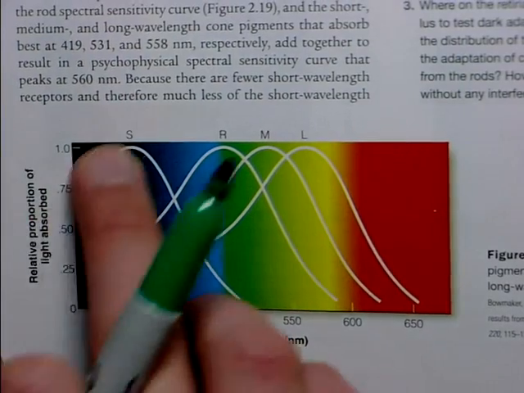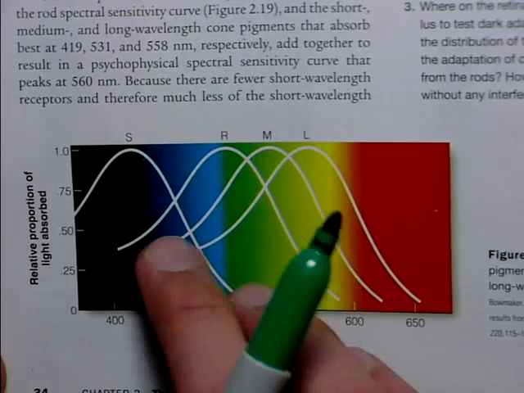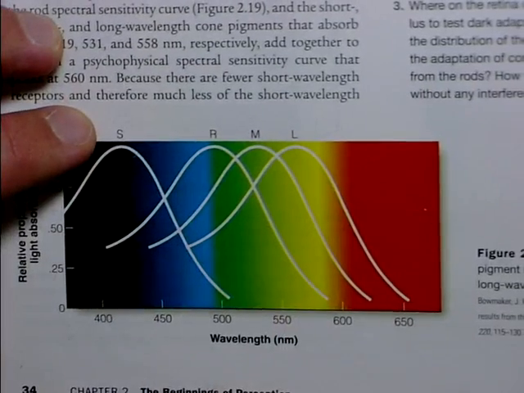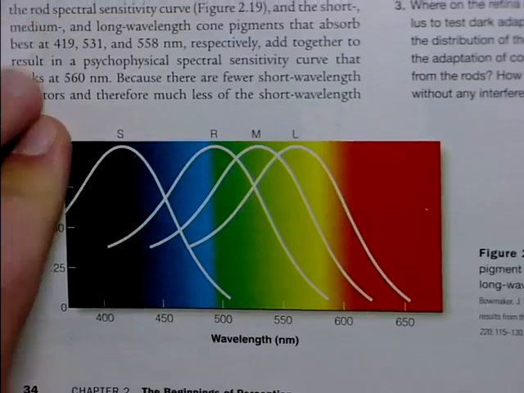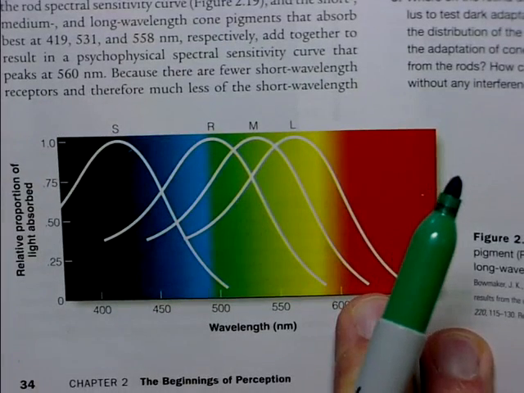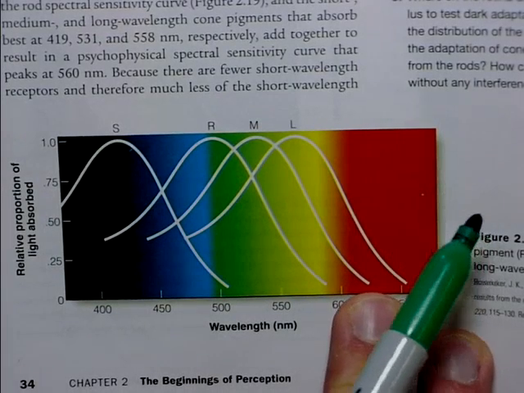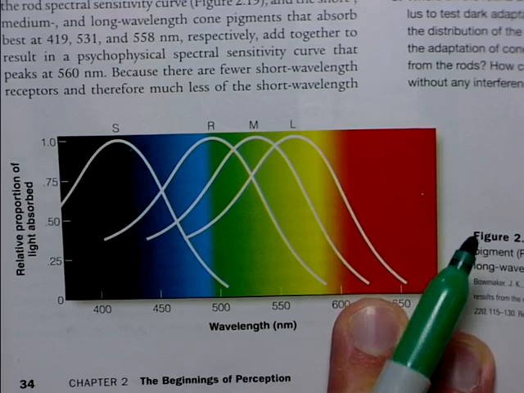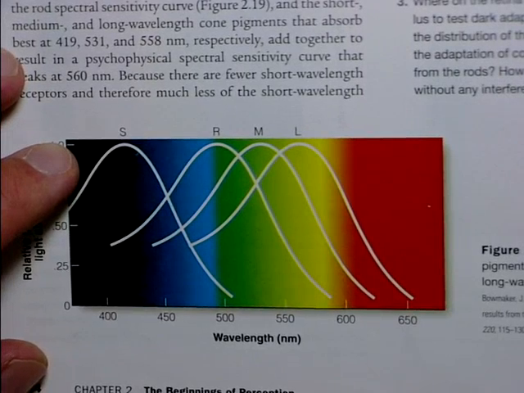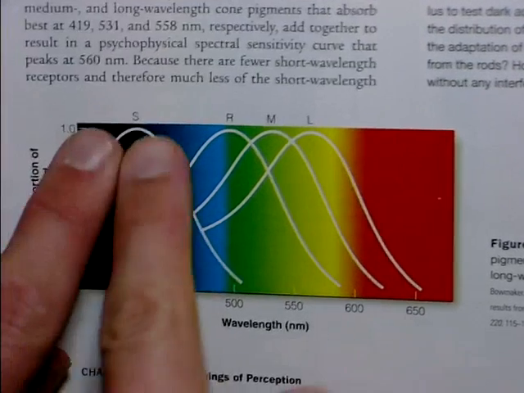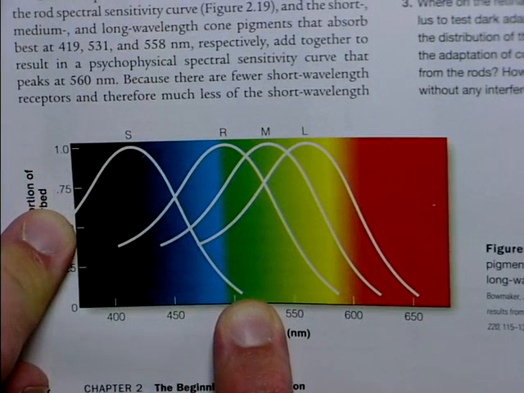But here's your short wavelength cone. This reflects what it's receptive to. Your short wavelength cone has its biggest response to 419 nanometers. As you move away from 419 nanometers, its response grows lower. Does that make sense?